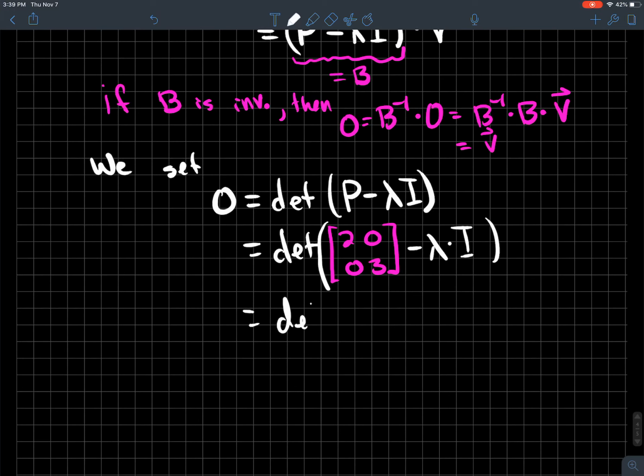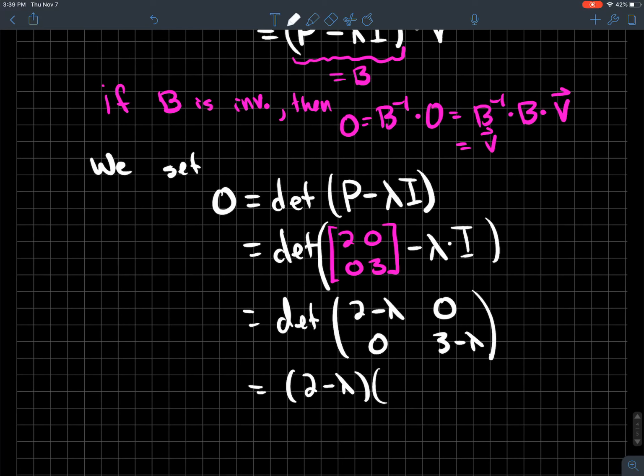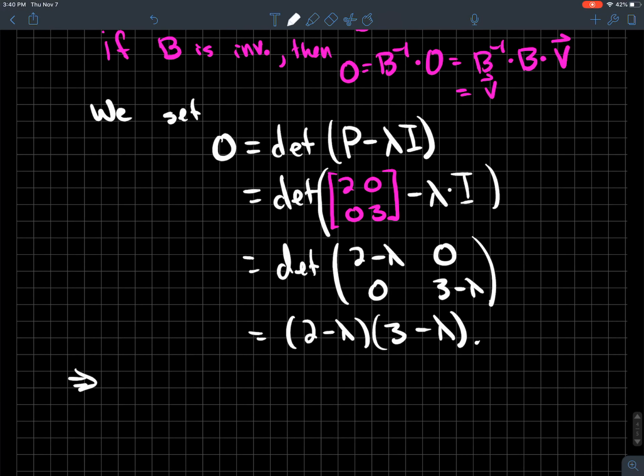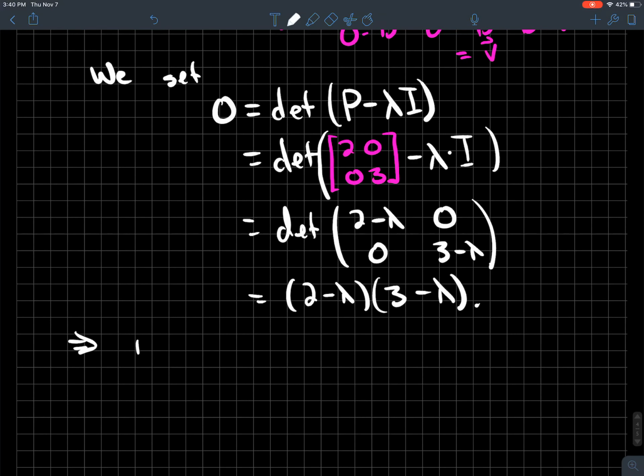So we're going to get the determinant of 2 minus lambda, 0, 0, 3 minus lambda. You multiply this out and we get 2 minus lambda times 3 minus lambda. Therefore, our eigenvalues are lambda equal to 2 and lambda equal to 3.